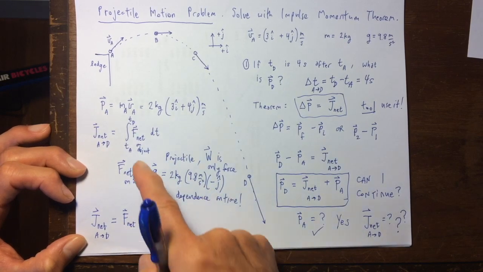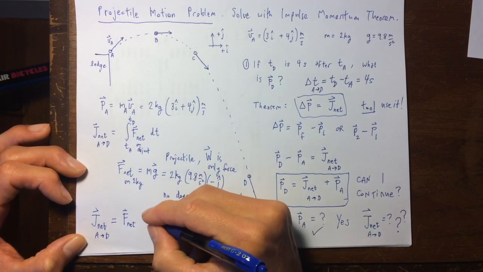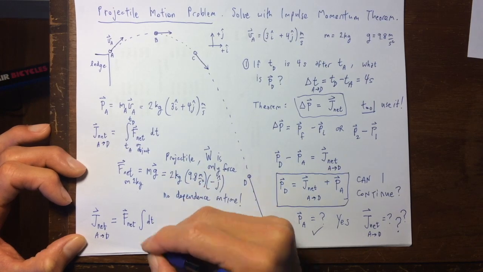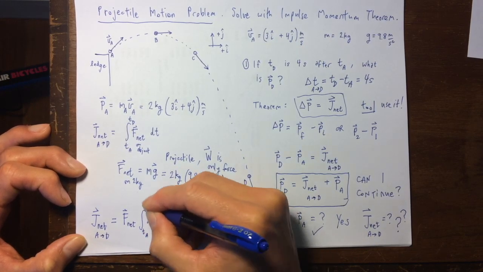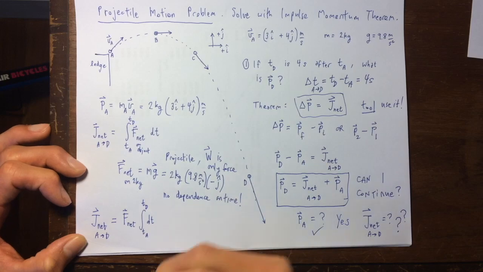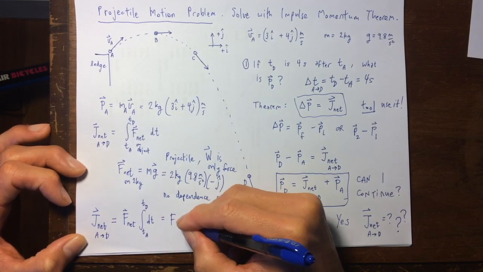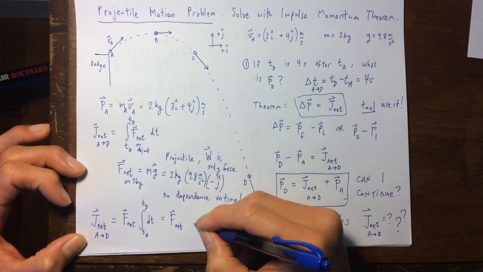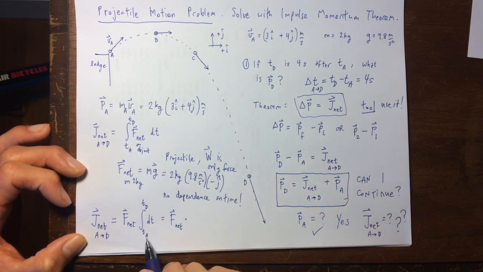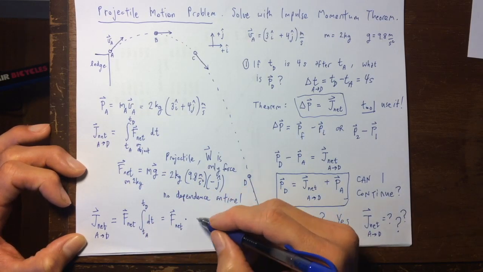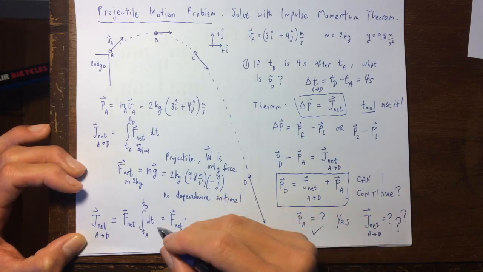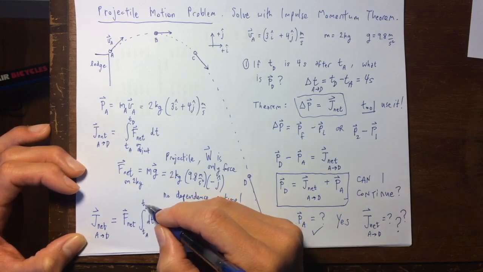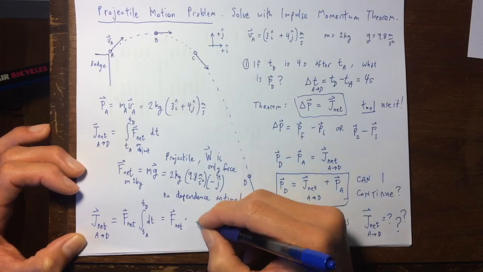So this, though, is F net on the 2 kilogram object, integral dt from TA to TD, which is F net on the 2 kilogram object times, so the integral of dt is t, and t is evaluated at TD minus TA.